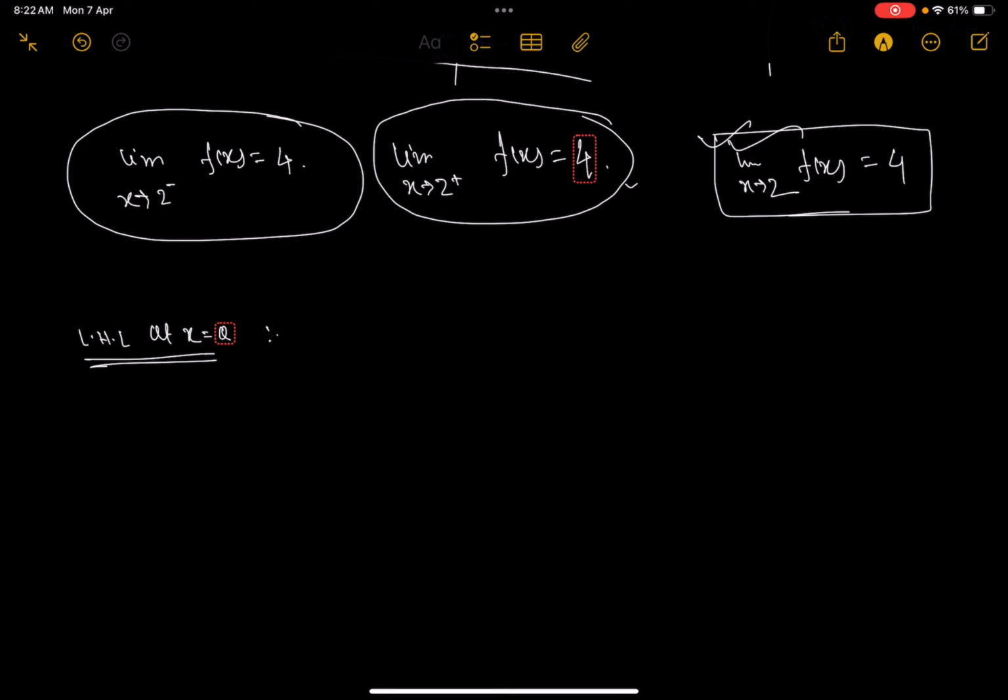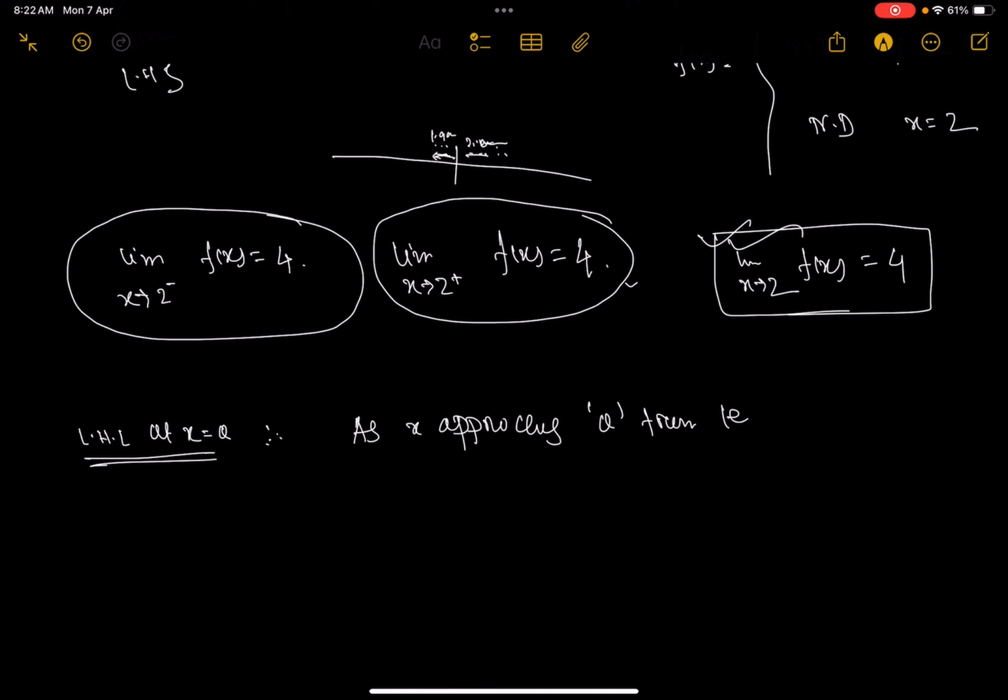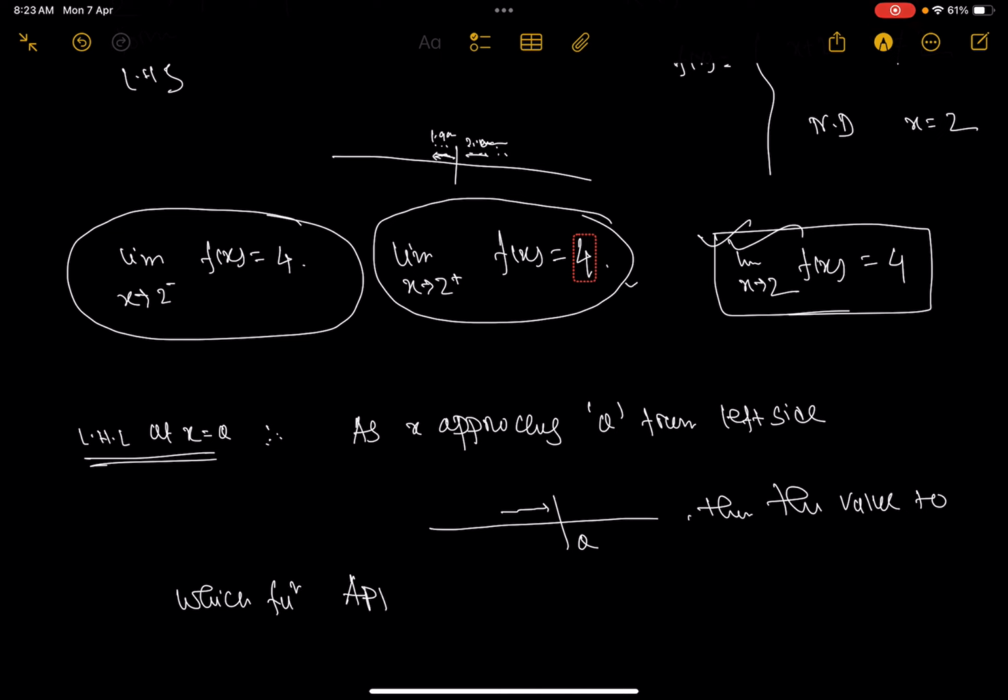The definition: as x approaches a from the left side, this means that if the point goes to a from the left side, then the value to which the function approaches is called the left hand limit.